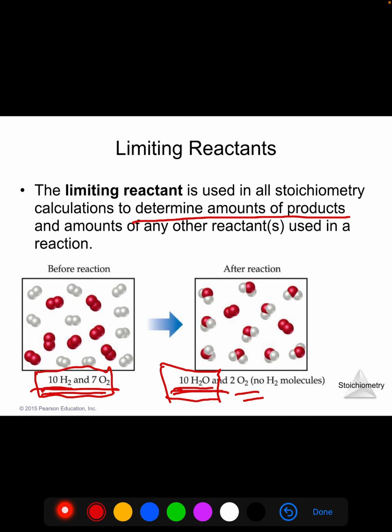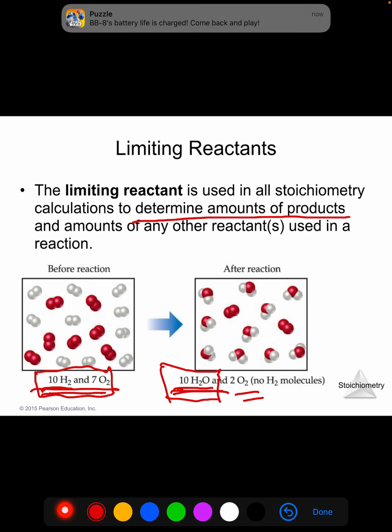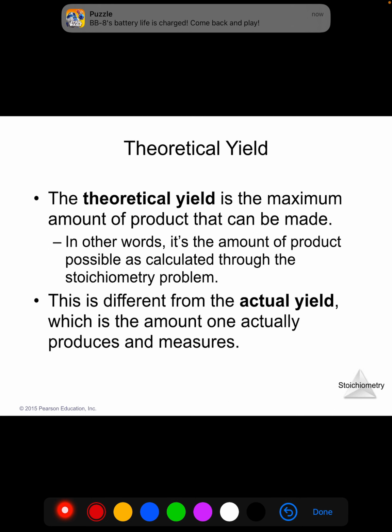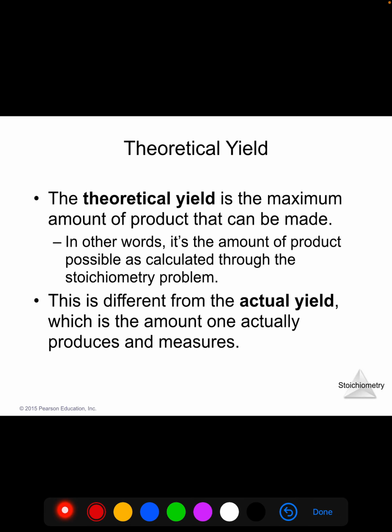So if I start with 10, I'm going to end with 10. So, the theoretical yield is how much product you can make, knowing the limiting reagent. It's the amount of product possible.